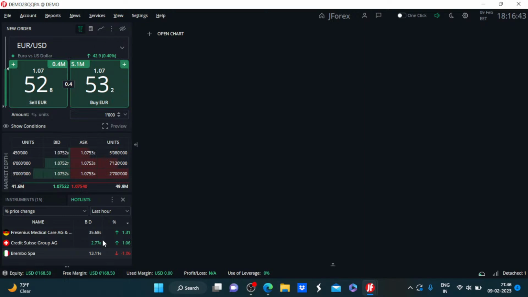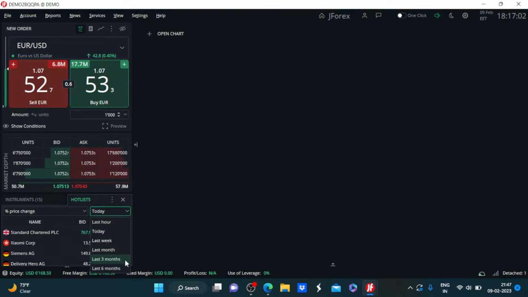Whichever stock is gaining or losing significantly for that particular time frame will be shortlisted and shown on this list. Now here, this is for last hour. You can change it to get the stock list for day, for week, for month, for 3 months, for 6 months. So all these options are provided in the list.